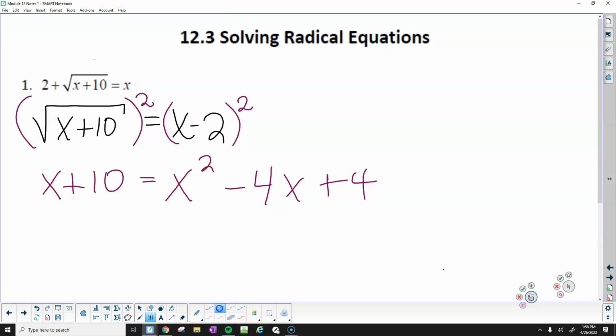Now from here, look at your last line of work. Do you have an x squared term? There you do, it's right there. Every time you have x squared, your very next line has to be set equal to 0. So I'm going to write 0 equals, y'all, this stuff is moving over there. So minus x minus 10.